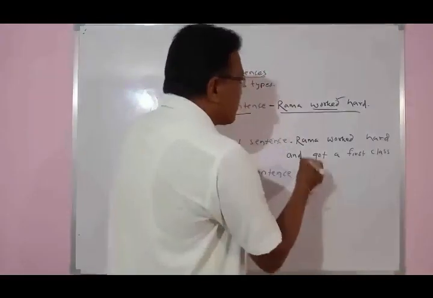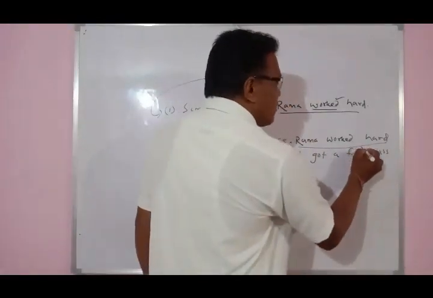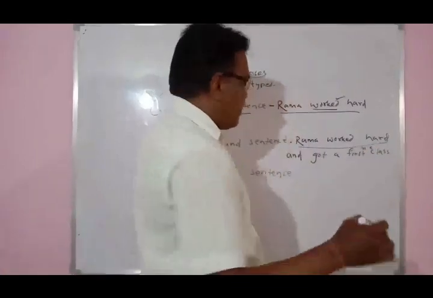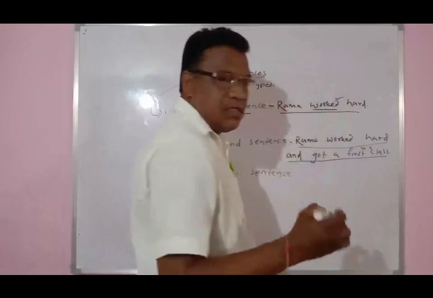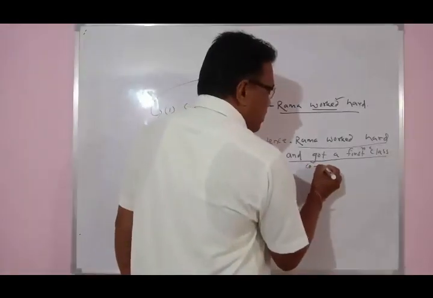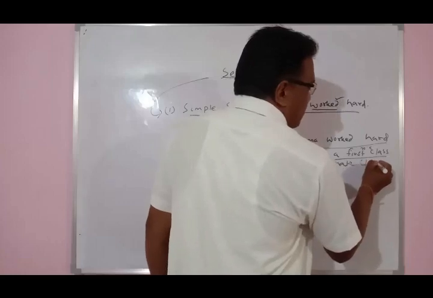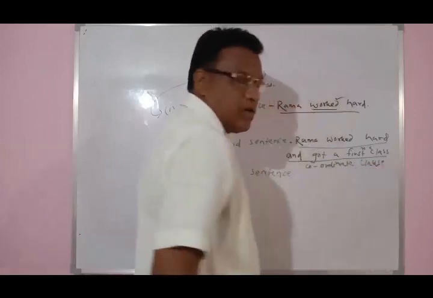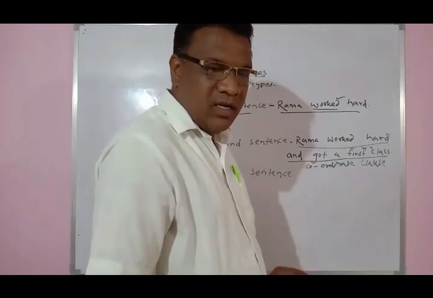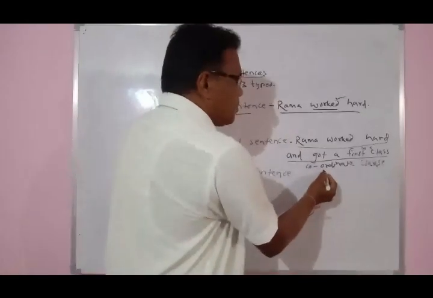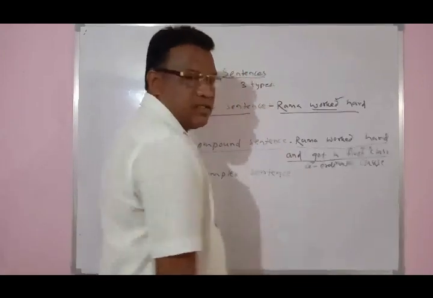Students, you see here Ramo worked hard is a main clause and got a first class is a coordinate clause. So having one main clause and one or more than one coordinate clause is a compound sentence.